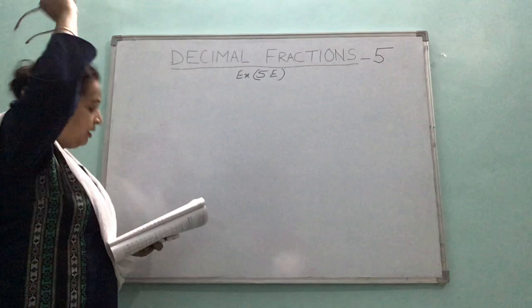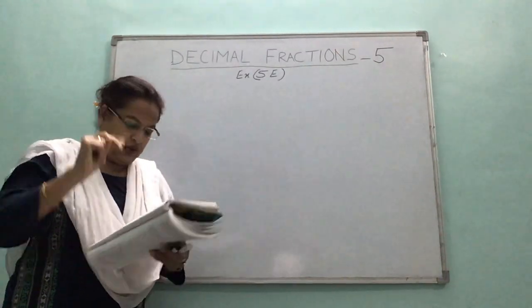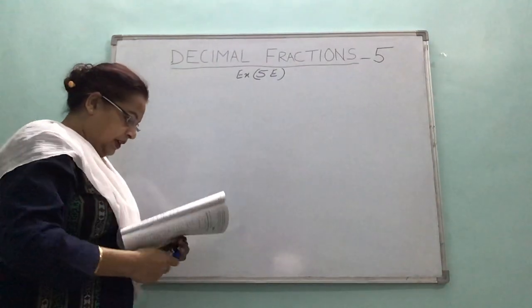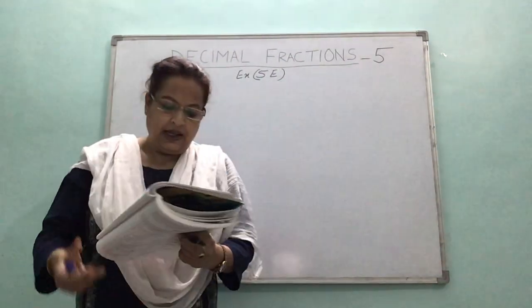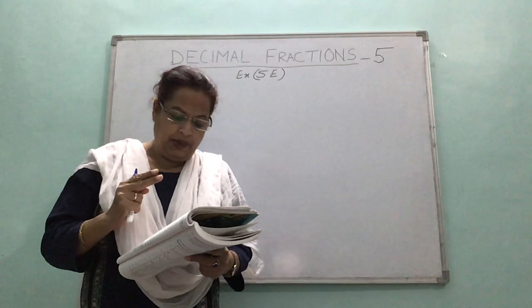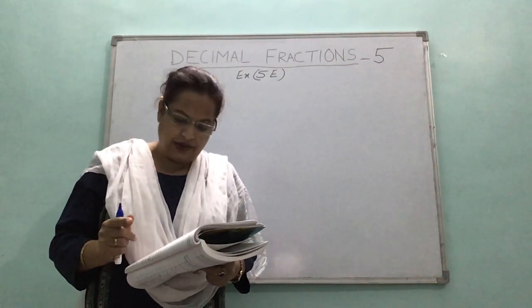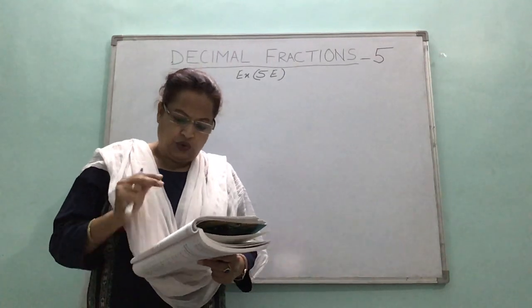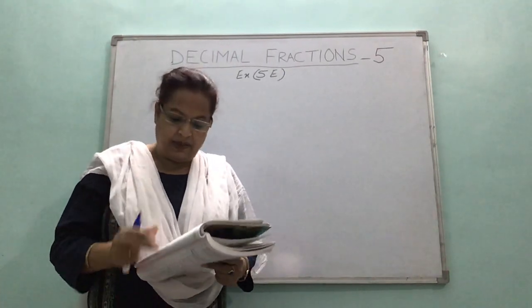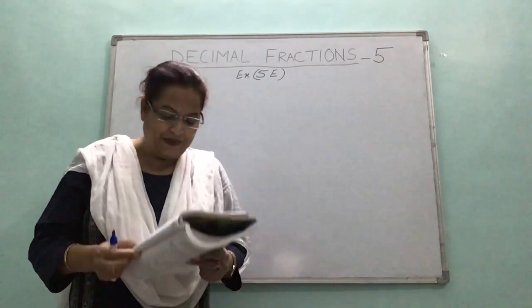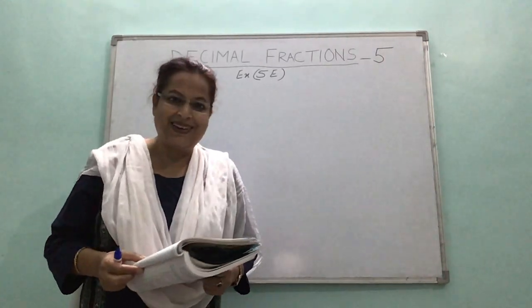Okay, question number I am taking is question number 2. Well, the question goes like this. Sakshi bought 3 meter 28 centimeter cloth for her shirt and 2 meter 7 centimeter for her trousers. What is the total length of cloth bought by her?